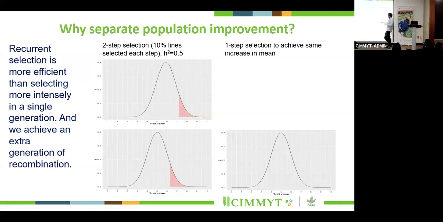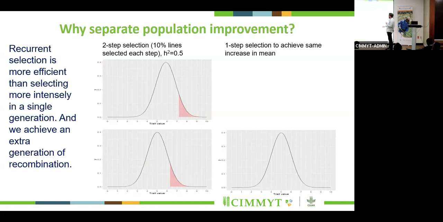So this was just something I put together yesterday to show a 2 versus 1 step. So this is a 2-step selection process here. We start out with a trait mean value of 5, and we select the best 10%, which is typically what you do in a breeding program to be parents of the next generation. The trait has a heritability of 0.5.